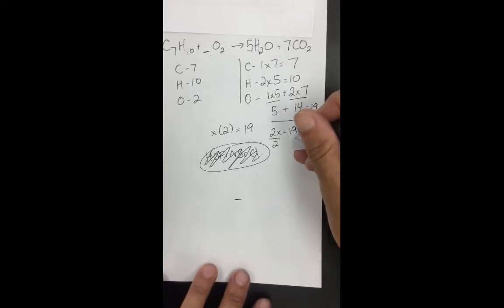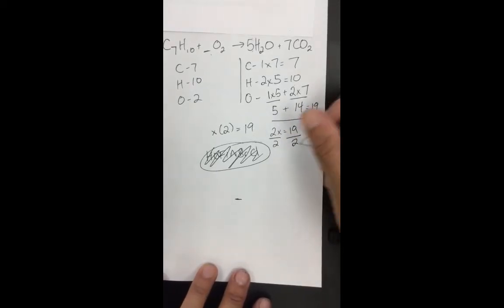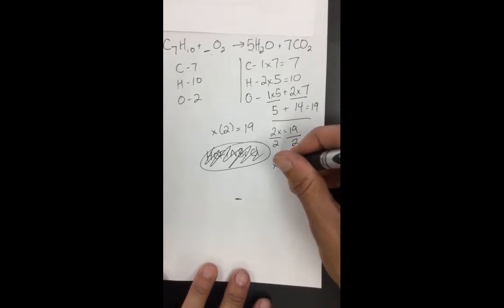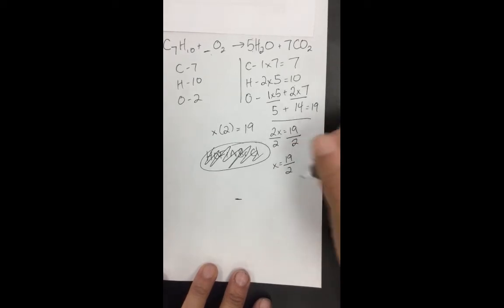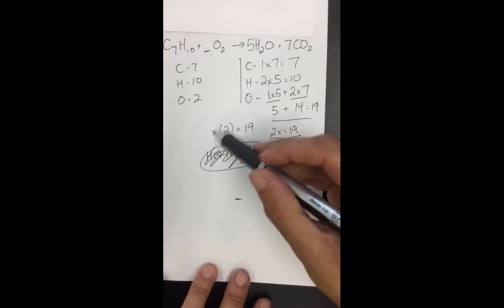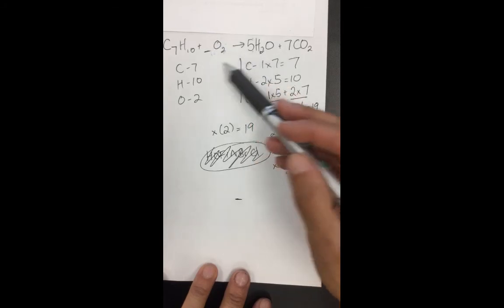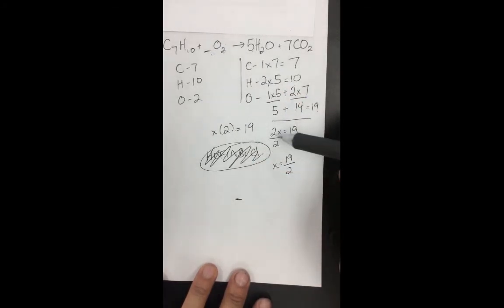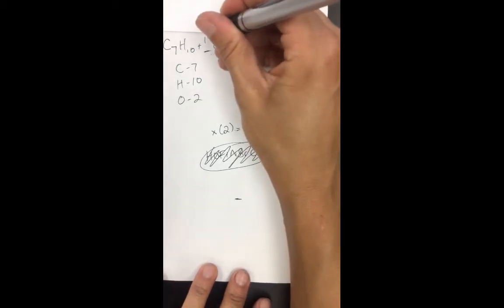Whatever I do to one side, I have to do to the other side as well. So that would mean that I have to divide this by 2. Rather than actually leaving it in some kind of decimal form, I can just leave this as a fraction here. So the number that I need to put in front of my oxygen here, the oxygen that has 2 atoms, is going to be 19 over 2.